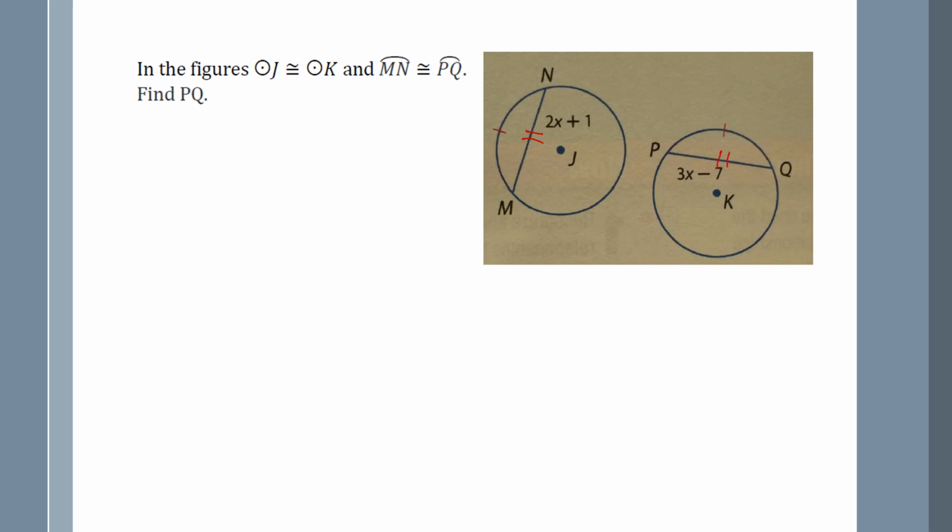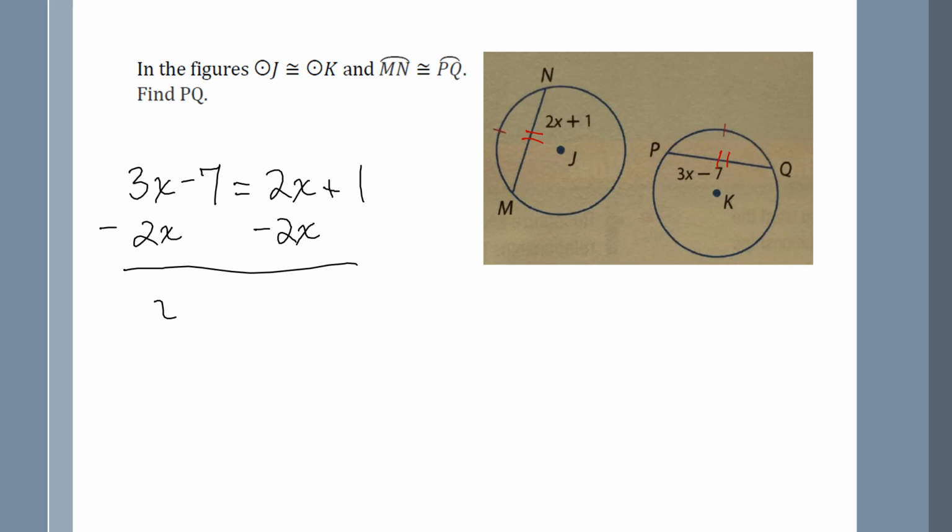And that being the case, we would set up the equation as 3x minus 7 is equal to 2x plus 1. Subtract 2x from each side. So I get x minus 7 equals 1. Add 7 to each side. x is equal to 8.